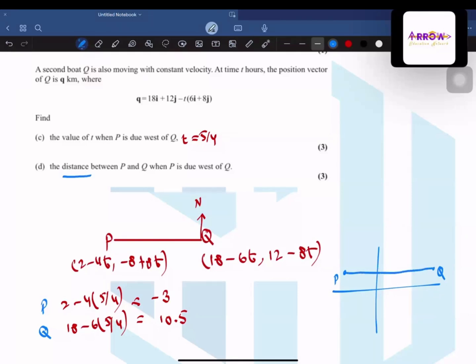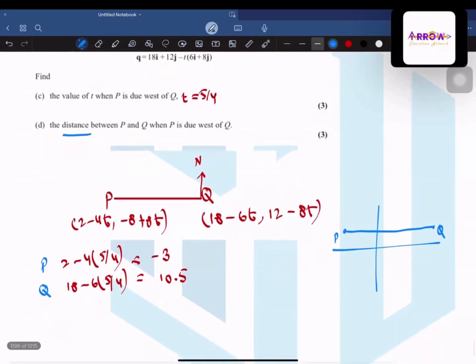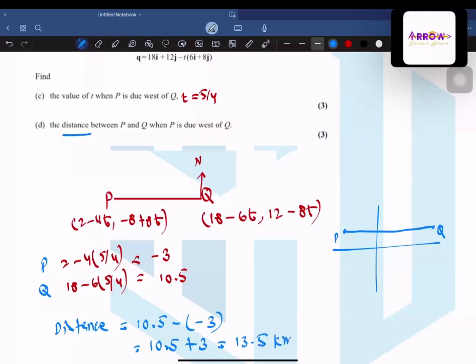You can find the distance as the change in x coordinates. So 10.5 minus minus 3, meaning 10.5 plus 3, which is 13.5 kilometers. This is supposed to be your answer.